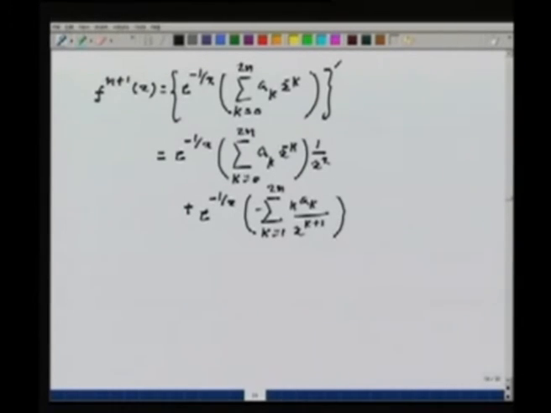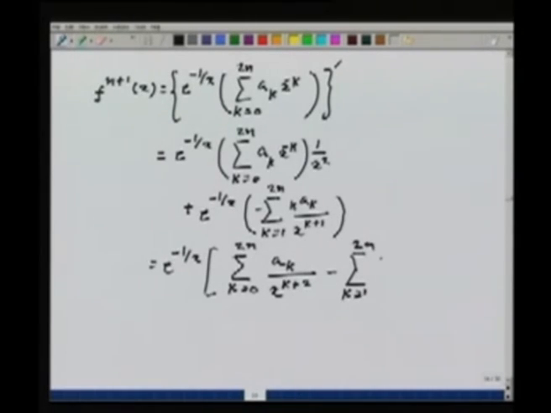Now if I add the polynomial terms, I see that I get a polynomial of degree 2 times n plus 1. So this is e to the power minus 1 by x times the summation k from 0 to 2n of a_k by x to the power k plus 2, minus the sum k from 1 to 2n of k a_k by x to the power k plus 1.